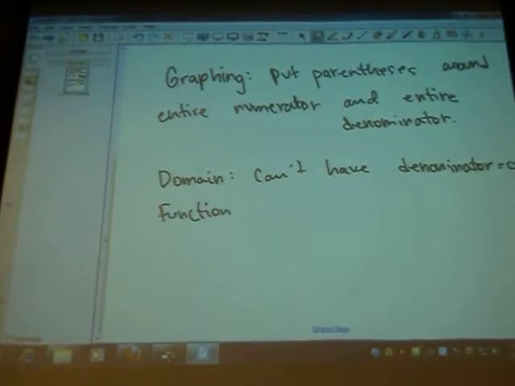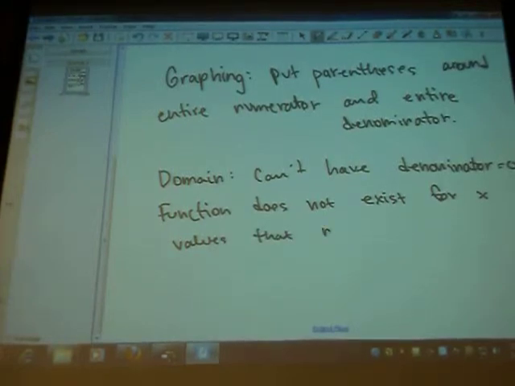Your function does not exist for x values that make your denominator equal to 0. So if I want to find my domain, I need to figure out what x values would make that denominator equal to 0, because those are the ones that I can't have.